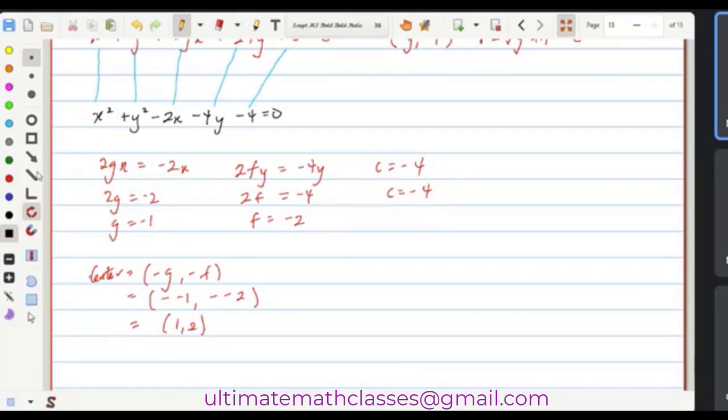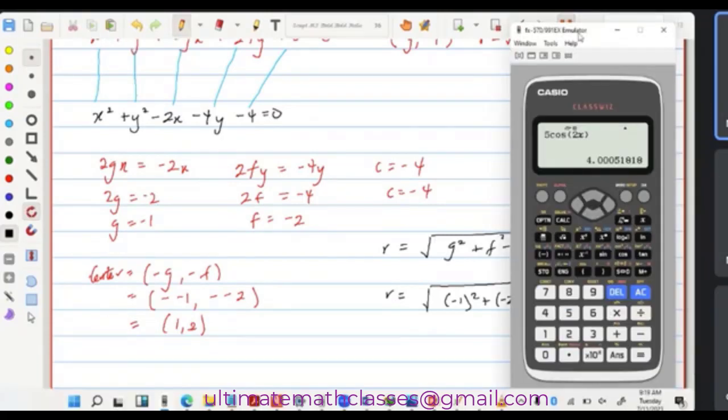So let's go to the radius. The radius is the square root of g squared plus f squared minus c. So r is equal to the square root of negative 1 squared plus negative 2 squared minus negative 4, since c is negative 4. We input everything on the calculator.